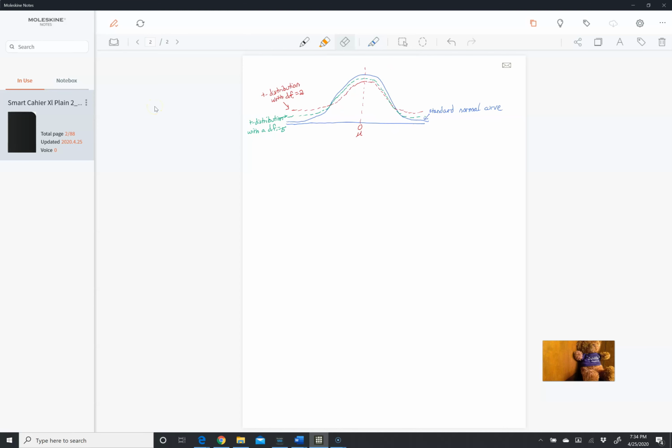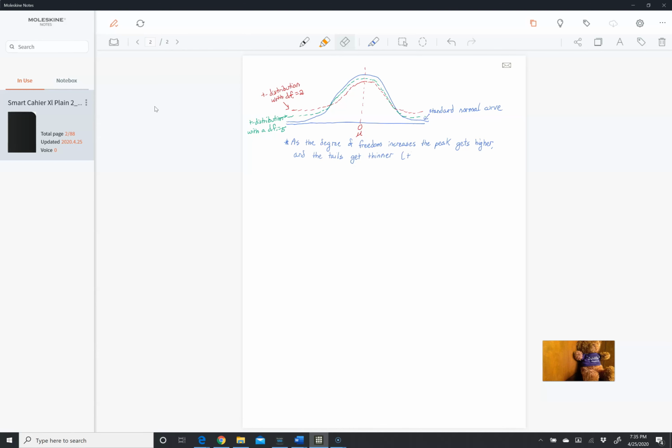First, with respect to the curve, as the degree of freedom increases, the peak gets higher, and the tails get thinner.